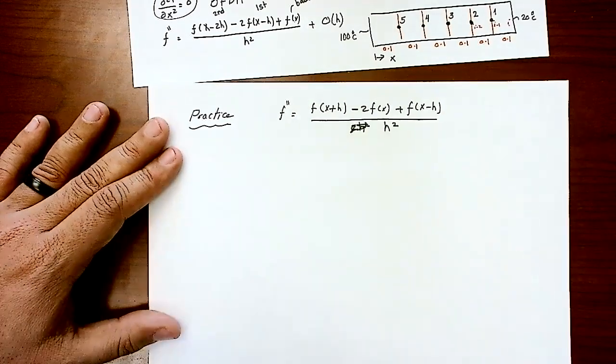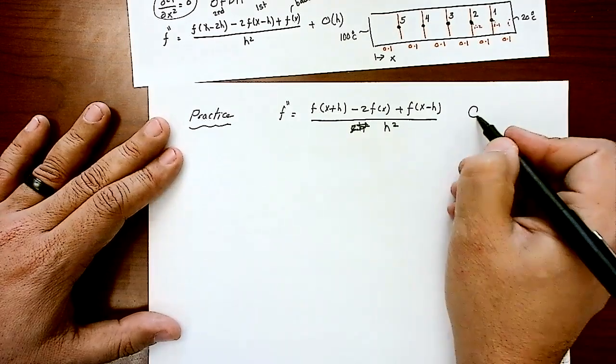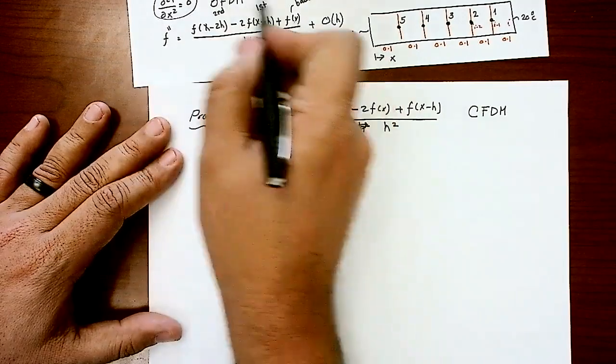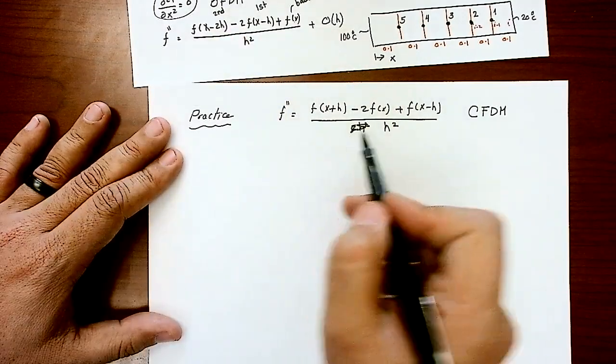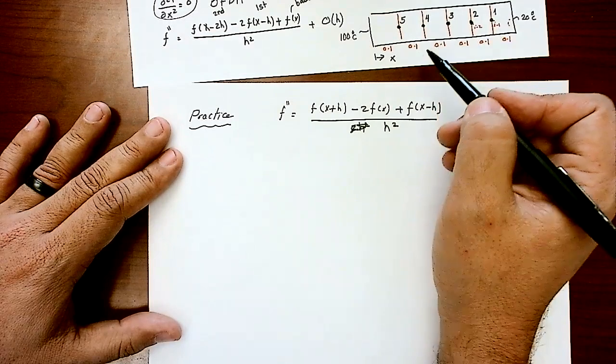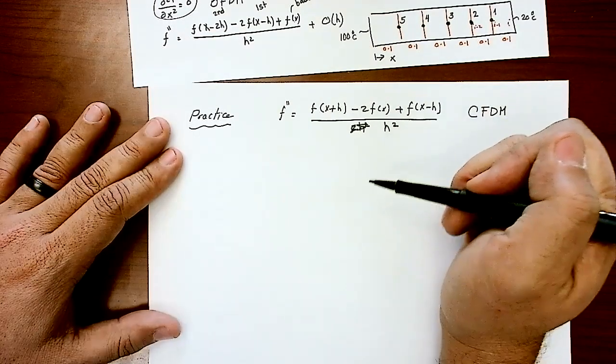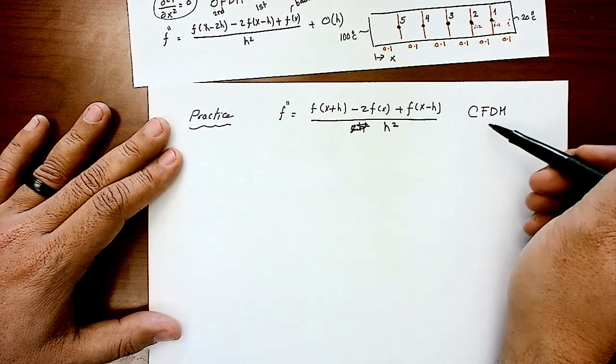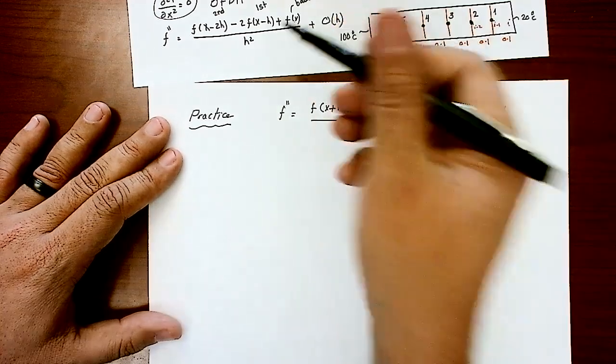This is the approximation of the second derivative using the central finite difference method. So instead of using this formula, you're going to use this formula. You call your i point, you construct the 5 equations, then you solve.